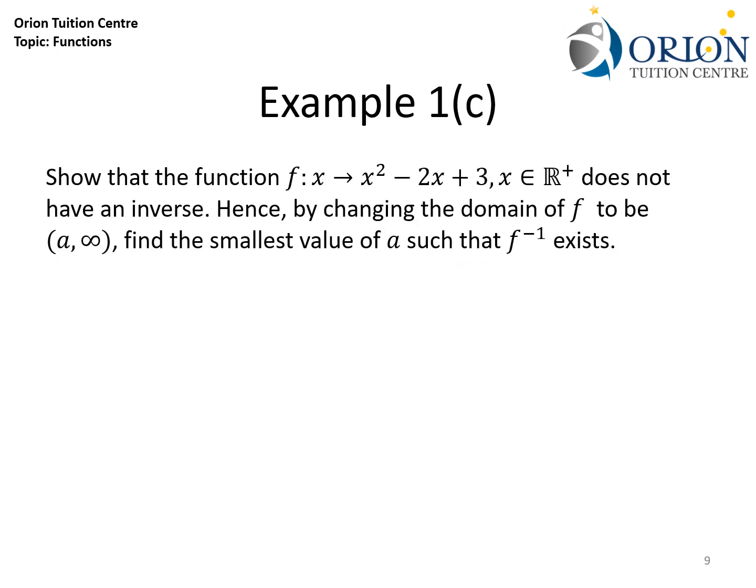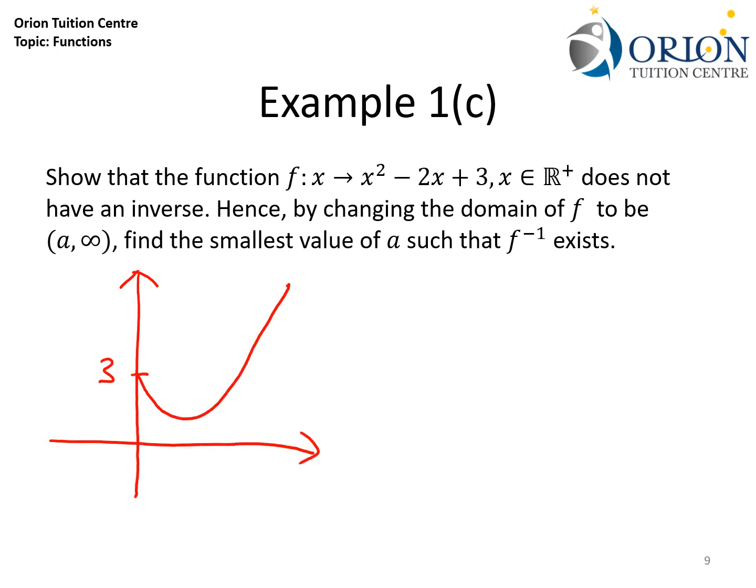As shown in earlier examples, the domain plays an important role in determining whether the inverse exists. In this example, we are asked to change the domain such that we can make the inverse function exist. First, let's prove that the inverse function does not exist for the original domain. So we can draw the graph out for the original domain. It will look like this.